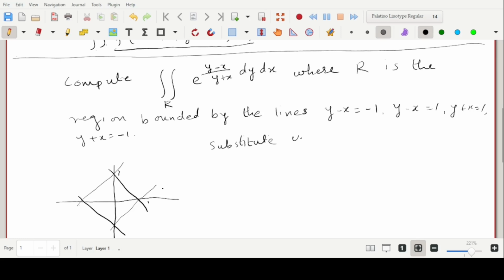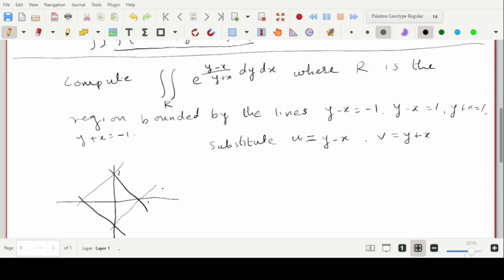So I will replace y minus x by one variable u, and similarly the sum y plus x should be replaced by one variable, which we call v. Observe that we have expressed u and v as functions of x and y rather than x and y as functions of u and v, which we desire to do. But that's not a big problem.